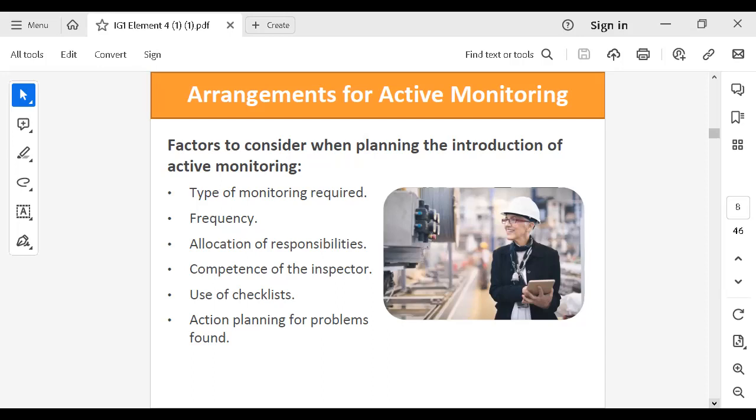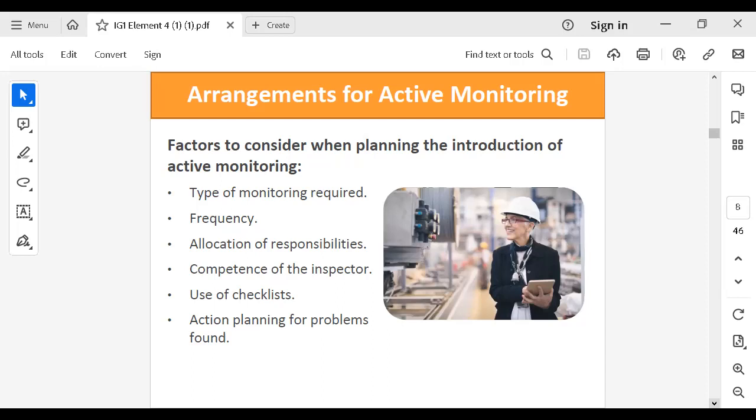Allocation of responsibilities: who will be responsible during the monitoring, and we will also allocate their responsibilities. Competence of the inspector: the inspector who is doing the inspection should be competent, knowledgeable, should have experience, and should be trained.